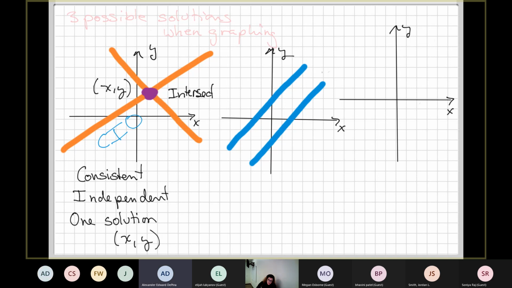When you have parallel lines, this system is inconsistent, independent, because the lines really have nothing to do with each other.